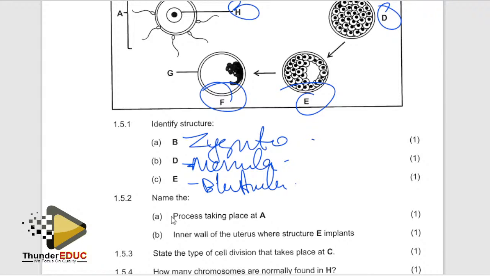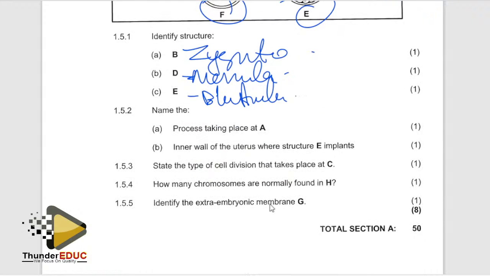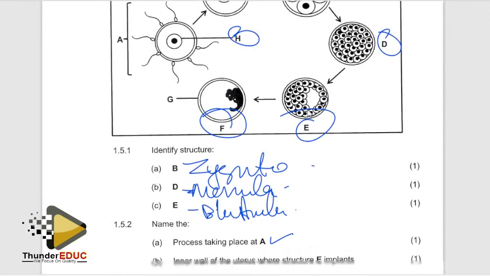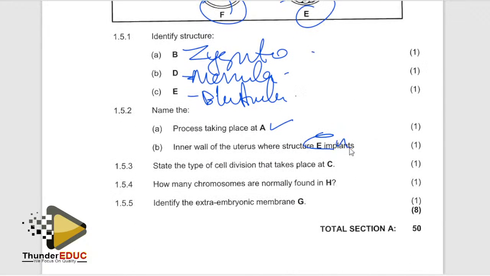So the process taking place at A is fertilization, and the inner wall of the uterus where it is implanted is the endometrium.